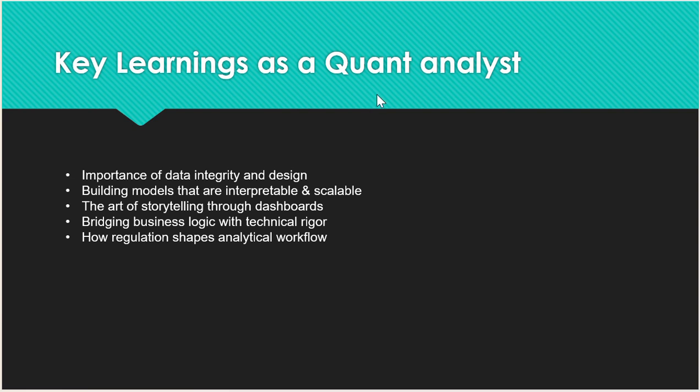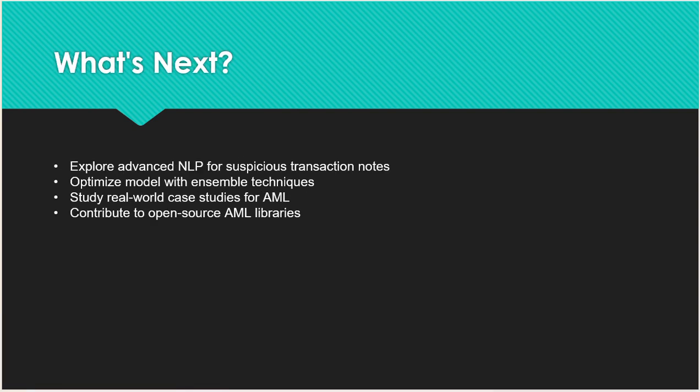Then we'll discuss what's next: to explore advanced natural language processing on suspicious transaction notes, how to identify suspicious transactions using different AI/ML techniques, optimize the model, ensemble techniques, and supervised, unsupervised and semi-supervised deep learning techniques for model optimization, evaluate the model, study real case studies in AML, anti-money laundering, and contribute to open source AML libraries. So we will do all these things.